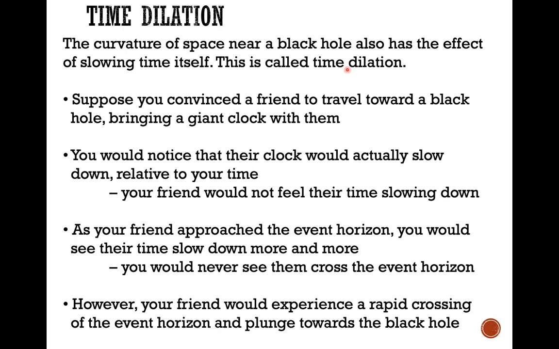Assume that you convince a friend to travel towards a black hole with a giant clock, right? So you ask your friend to travel near a black hole with the clock. Now what you would notice is that their clock would actually slow down relative to your time.